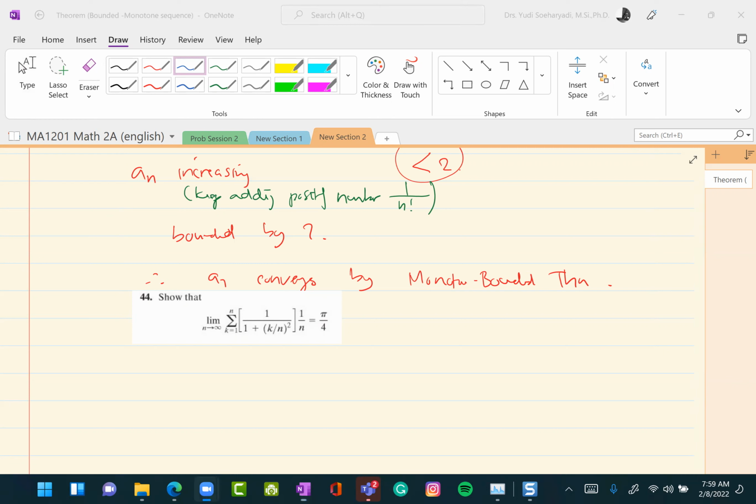So what do we have in mind, so we can get this pi over 4? If you try to write this down, you even get more confused because it doesn't seem to have a nice pattern. But if you recall, this is a Riemann sum.